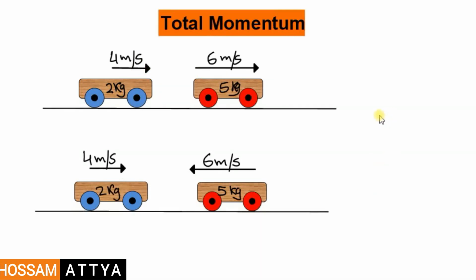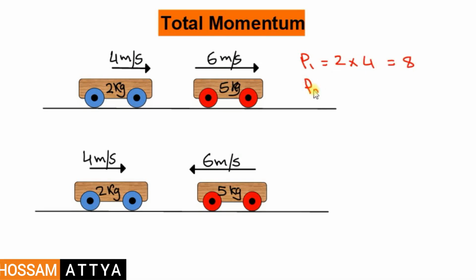What about the total momentum of more than one body in a system? For example, here we have two trolleys. The first one is 2 kg traveling at 4 meters per second to the right. The second one is 5 kg traveling at 6 meters per second to the right. So the momentum of the first one is equal to 2 times 4 equals 8.